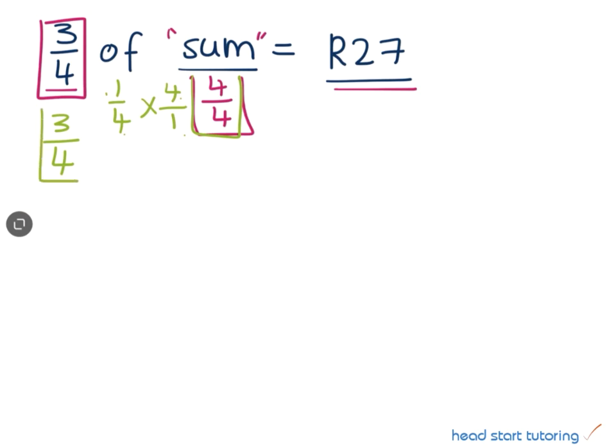So we need to try and get 1/4, and once we've got that 1/4, we multiply it by 4 and we'll end up with our whole sum.